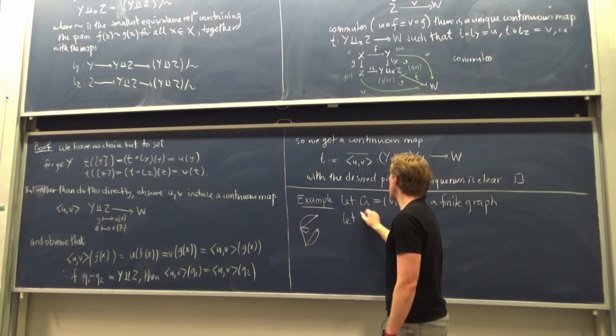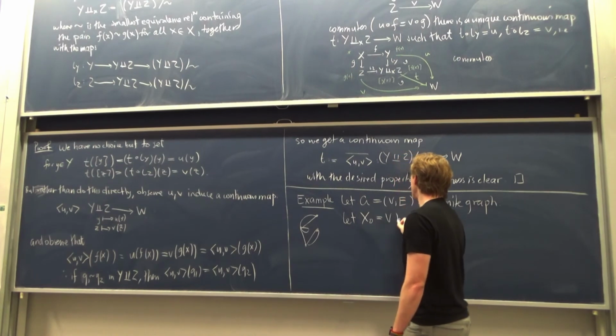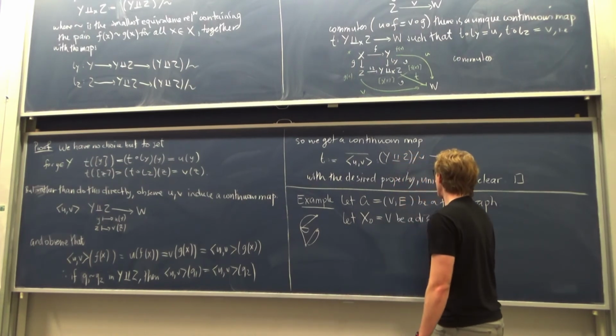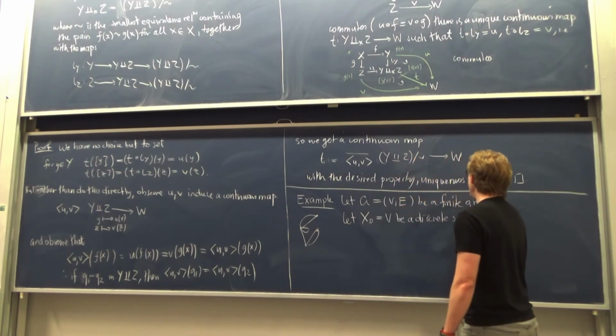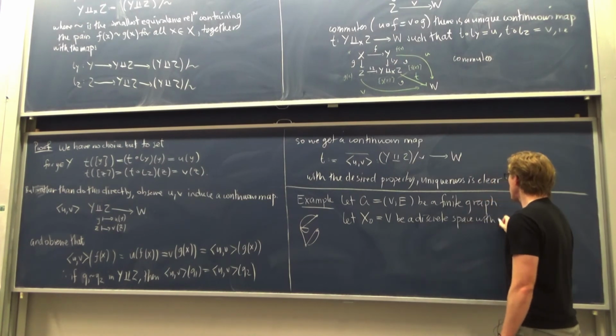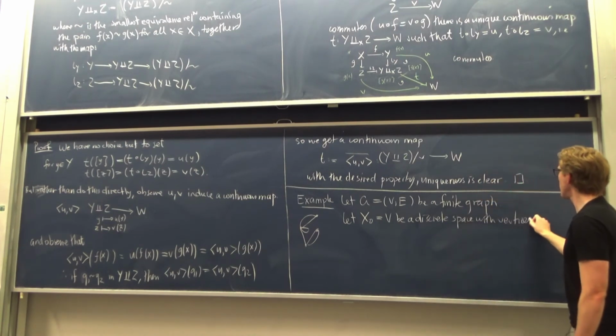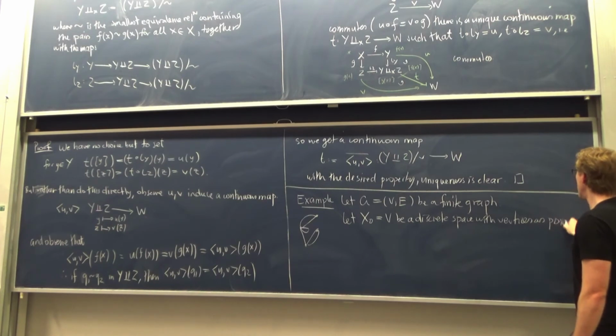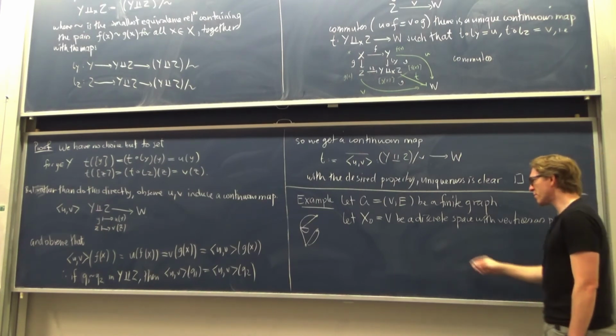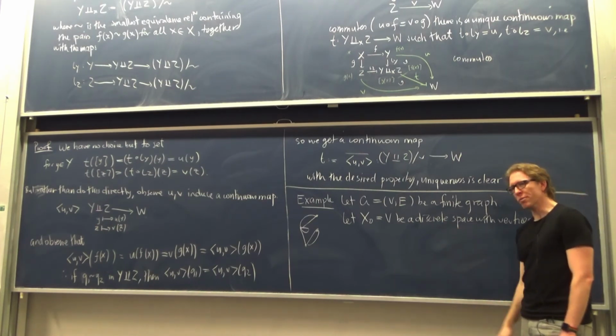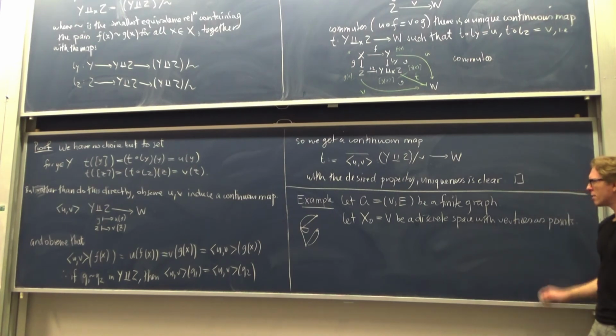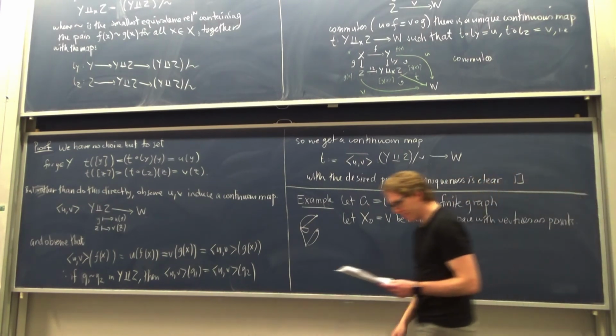Okay, so by a discrete space, I mean every set is open. So I take the set of vertices and I take the topology in which all sets are open.